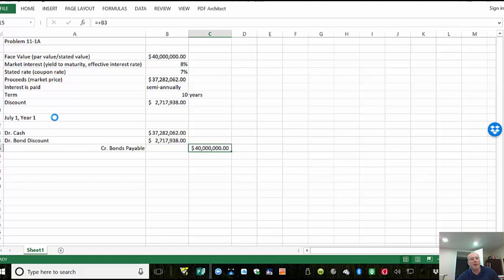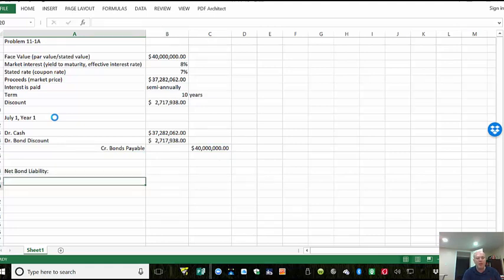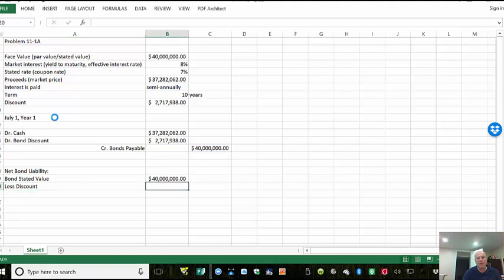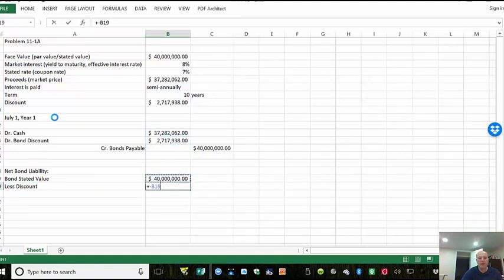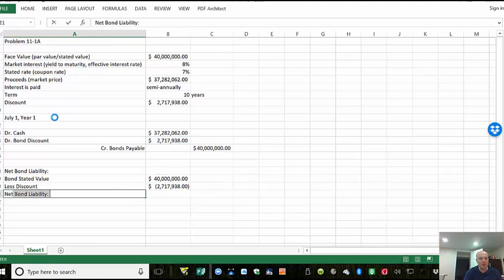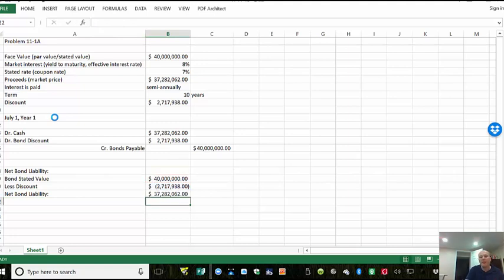It amortizes the discount over time into the bond liability. So we may want to show the net bond liability at issuance: bond stated value is 40 million, less discount of 2,717,938, and so the net bond liability is in fact 37,282,062.